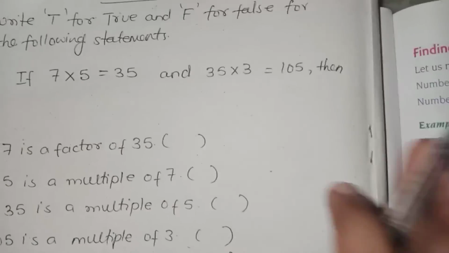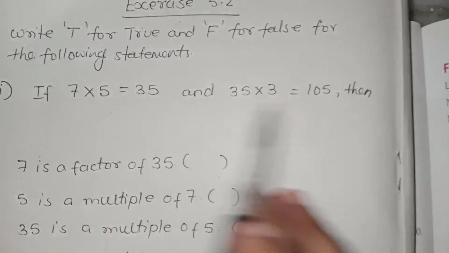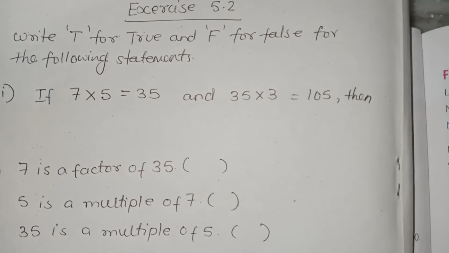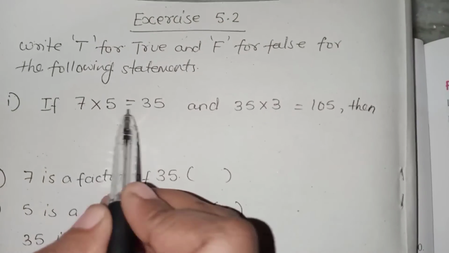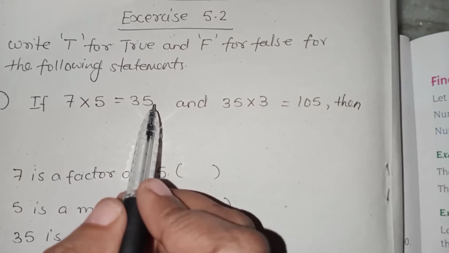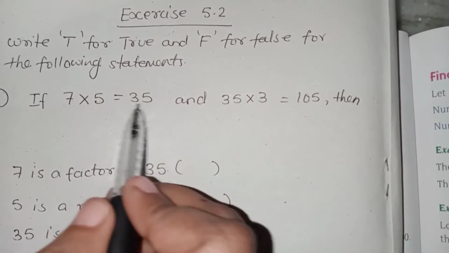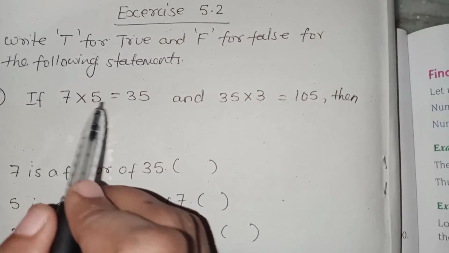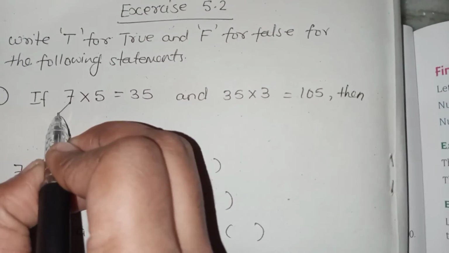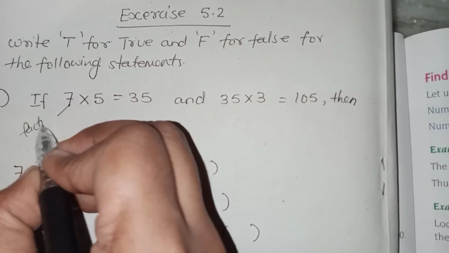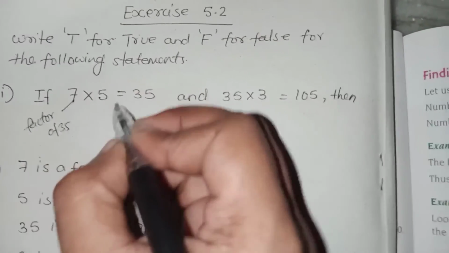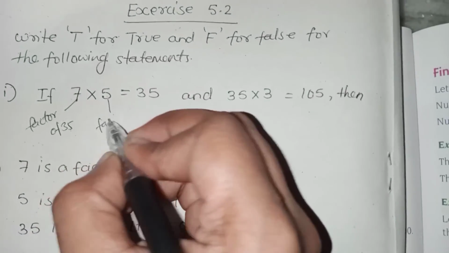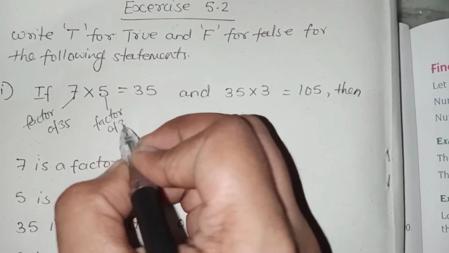Now how? See it. This is the question, and just now I have taught you about factors, and in my previous class I taught you about multiples. So what I said: the numbers multiplied are the factors of the product. The product obtained is what? 35. 7 5s are 35. So this 7 is what? A factor of what? 35. 5 is also a factor of 35.